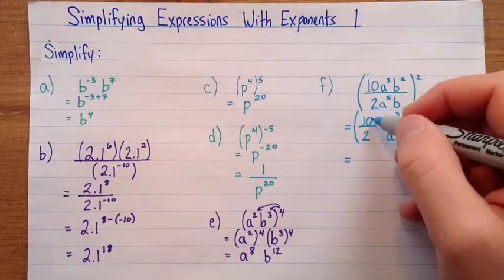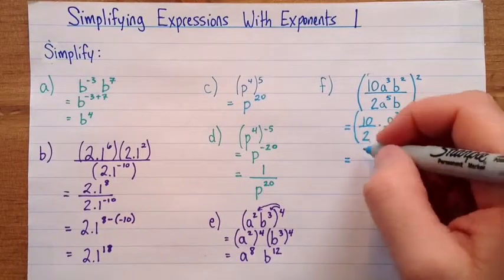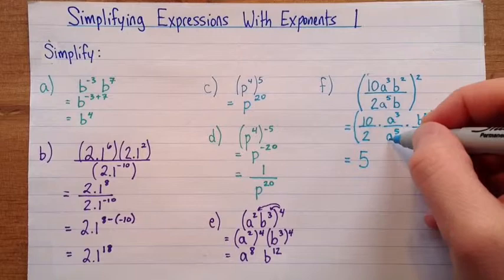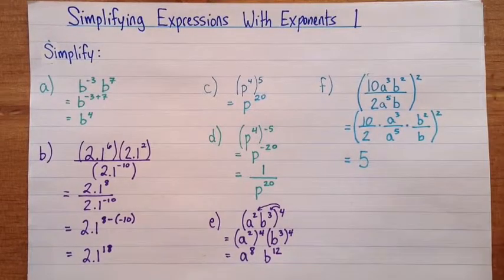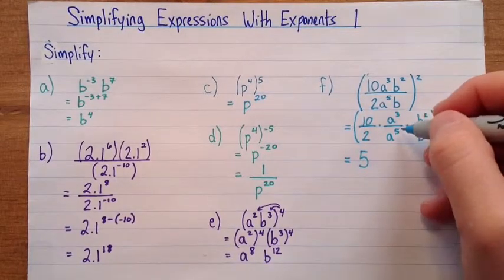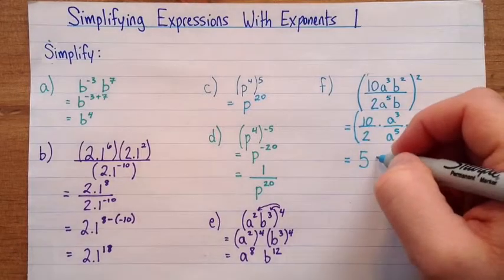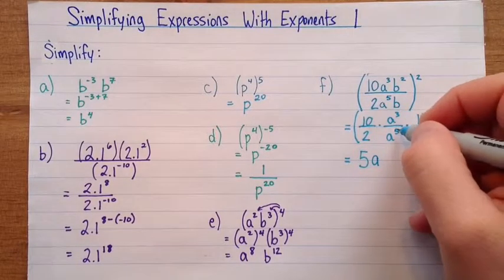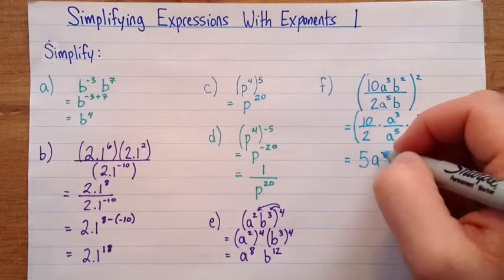So now it's a little more obvious what to do. This is 10 over 2, that's 5. And then a cubed divided by a to the exponent 5, that's a quotient of powers, so we can subtract the exponents. So that's a to 3 minus 5, which is negative 2.